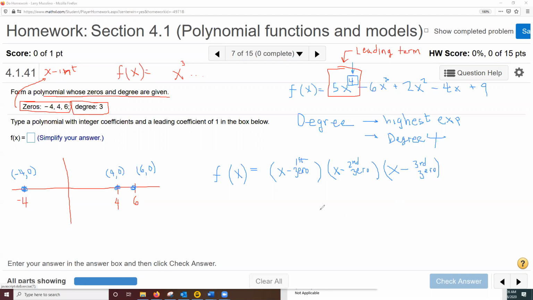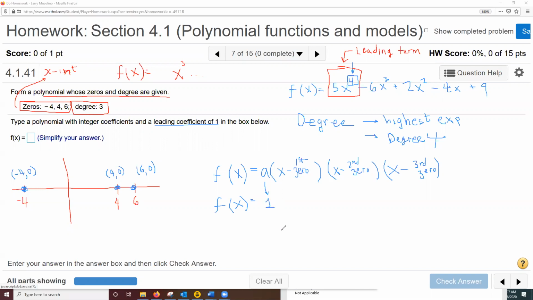Okay, now usually there's a leading coefficient here in front, and I'm going to use an A here to mean the leading coefficient. But now I want to plug in the numbers they're giving me in my problem here. They're telling me I should use a leading coefficient of 1. So really this A number is 1.